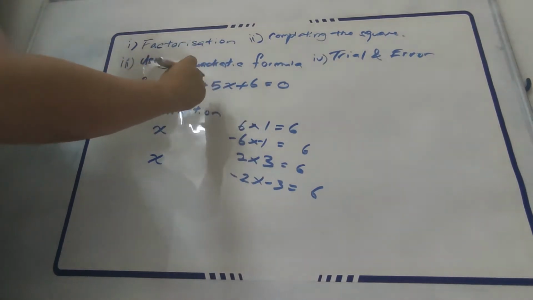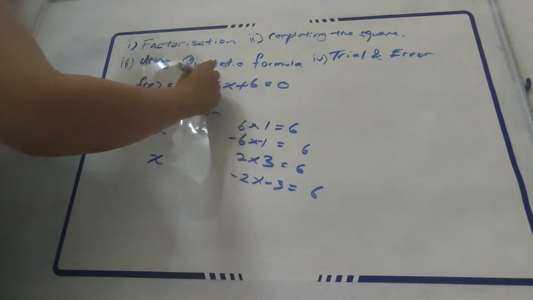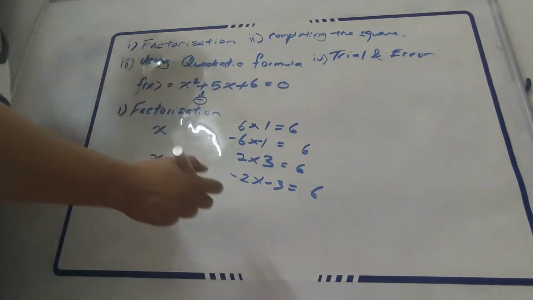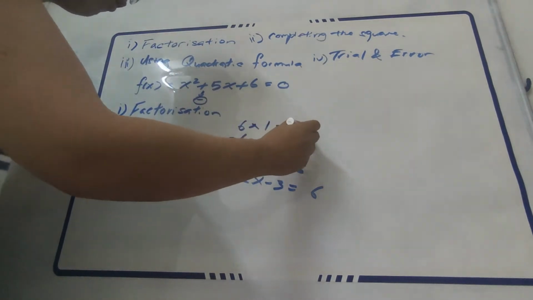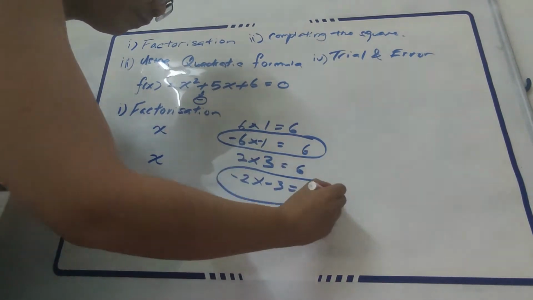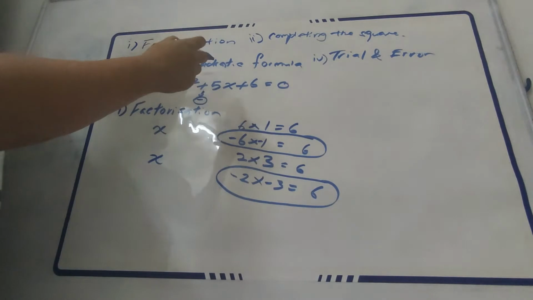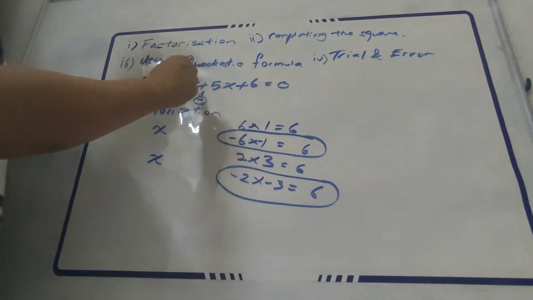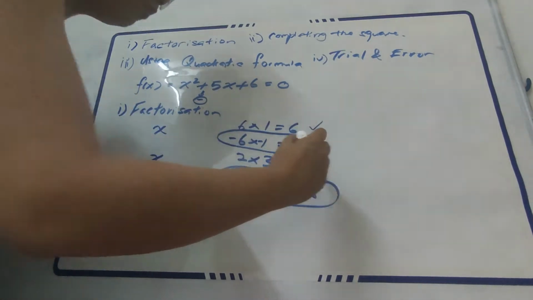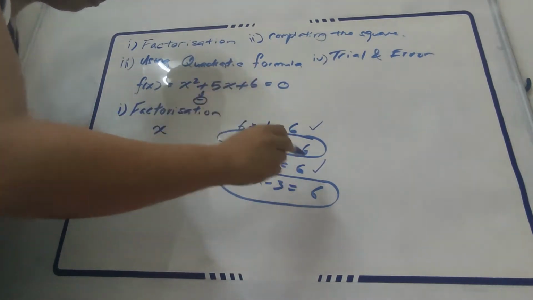If in x squared plus 5x, the second term with the power of 1, is negative, then you have two choices: negative times negative for the factorization. However, since the example here is positive, you have only two possibilities: 6 times 1 or positive 2 times positive 3.